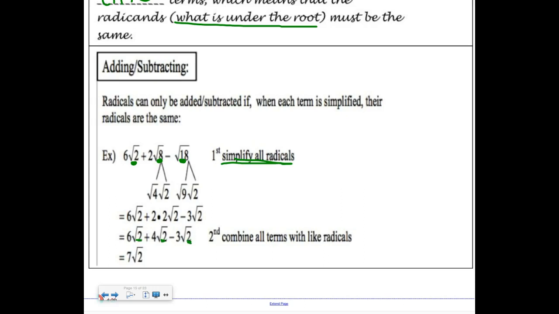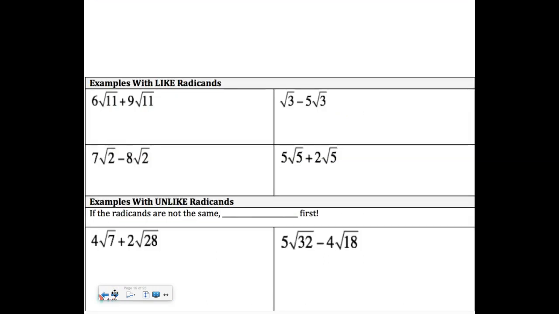So then we do what we did up there, and we look at all of these numbers and combine them. We're looking to make sure we see the signs. Notice that 3 is negative, so that 3 we actually subtracted. All right, so let's go try this out on the next page. As you can see here, some of them have the same number inside the square root, and some of them do not.